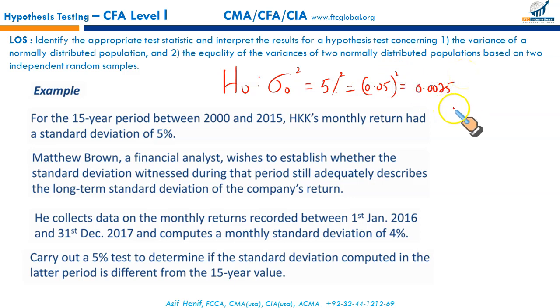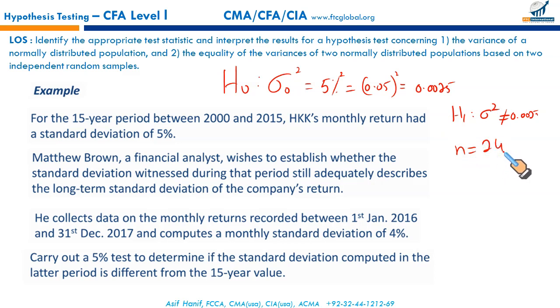The alternative hypothesis is that variance is not equal to 0.0025. Now the period n is 24.